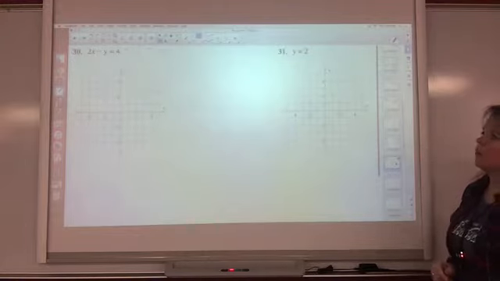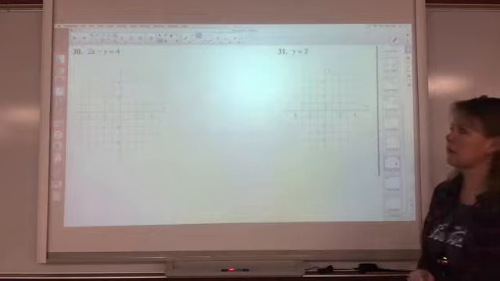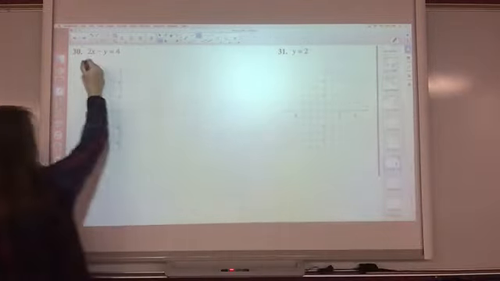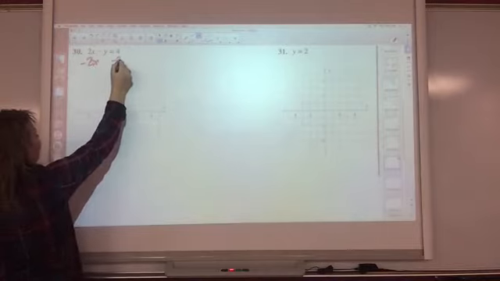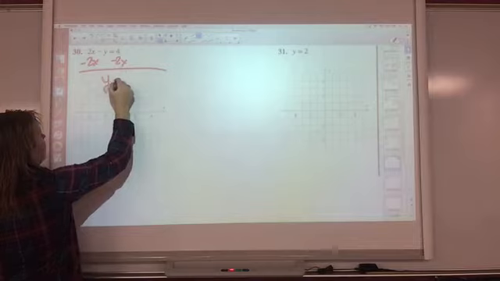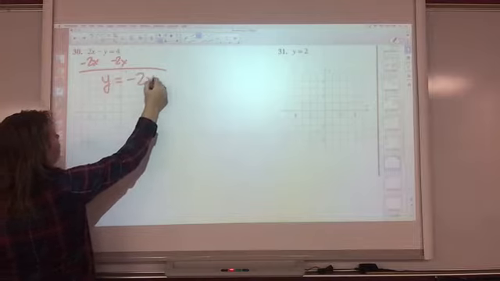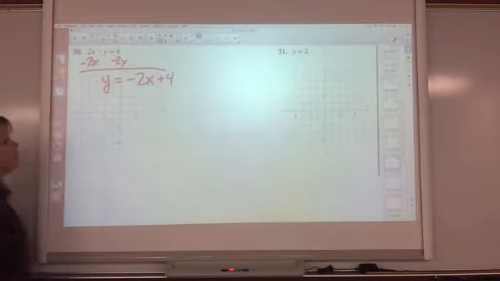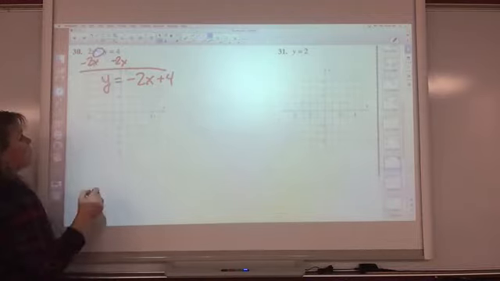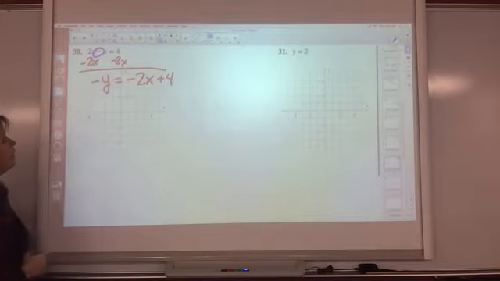Next up, on number 30, we can't graph it just yet because it's not in y equals mx plus b form. So we're going to minus the 2x from both sides, which gives you y equals negative 2x plus 4. Just kidding. That's what you will do. Too many of you will just ignore this negative that was in front of that, and we need it.